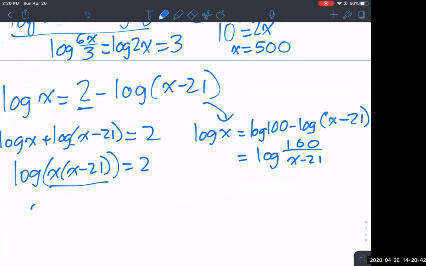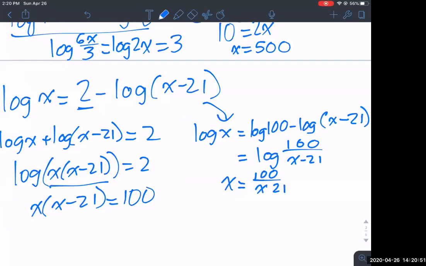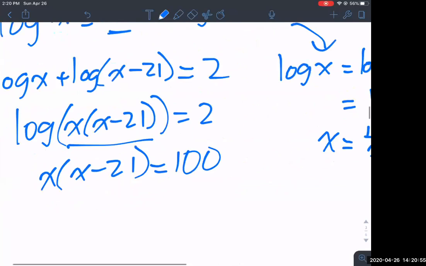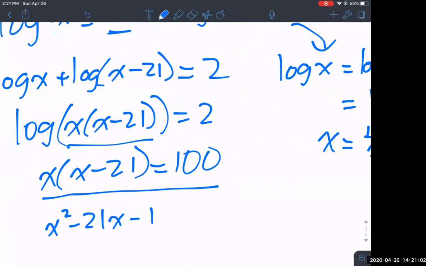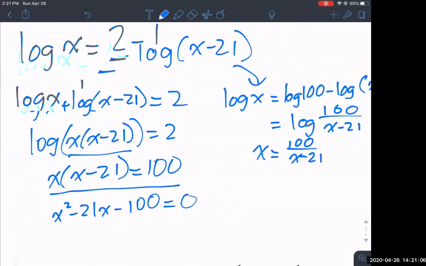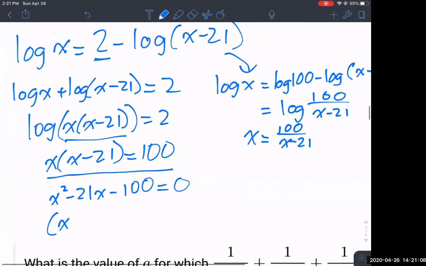In this case, you have x times x minus 21 is equal to 100. And in this case, you get x is equal to 100 over x minus 21, which is the same thing. You can do either way. So you have x times x minus 21 is equal to 100. Let's expand this. Pretty typical quadratic. We can factor it.